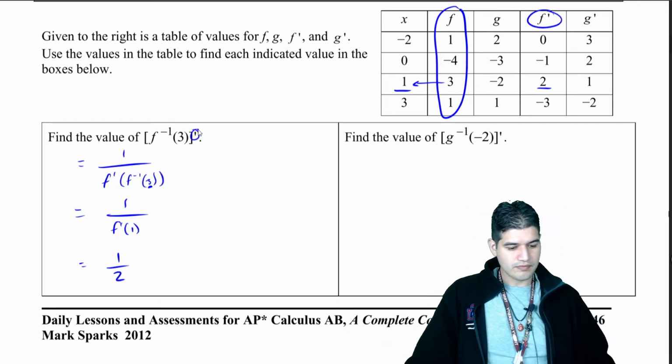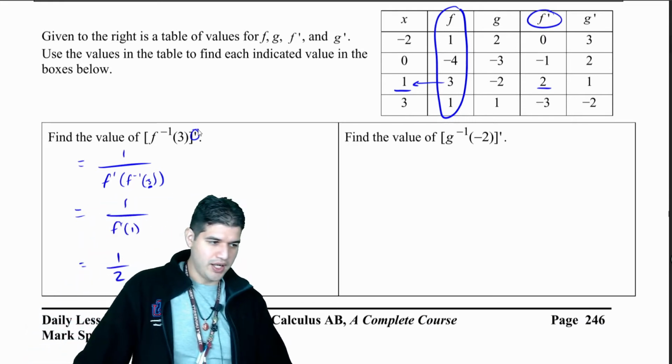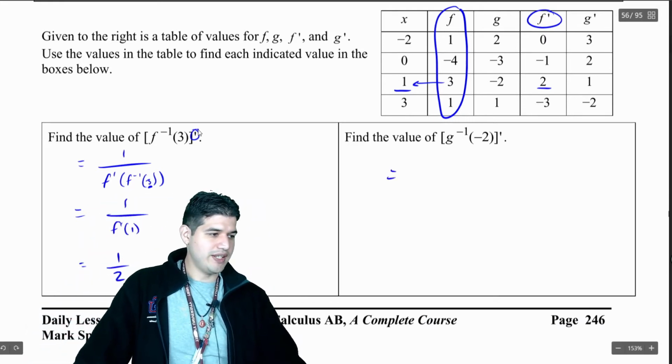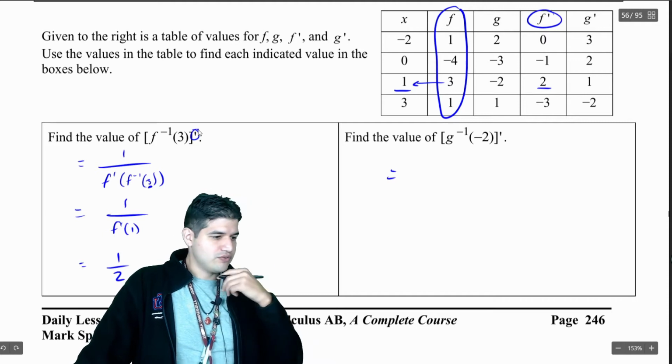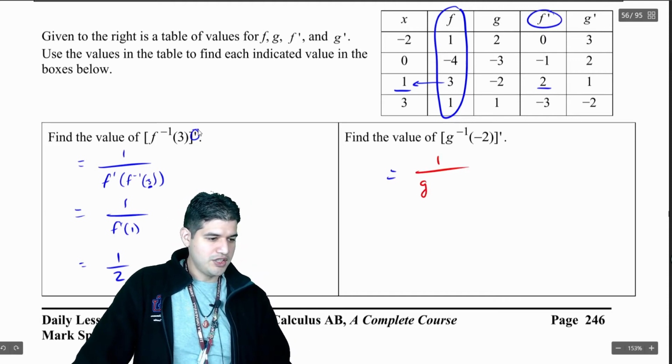Okay, and so now I want to do a very similar thing, but this time we're doing it with g. I'll do this one in red. So I've got 1 over g prime of the inverse of g of -2.